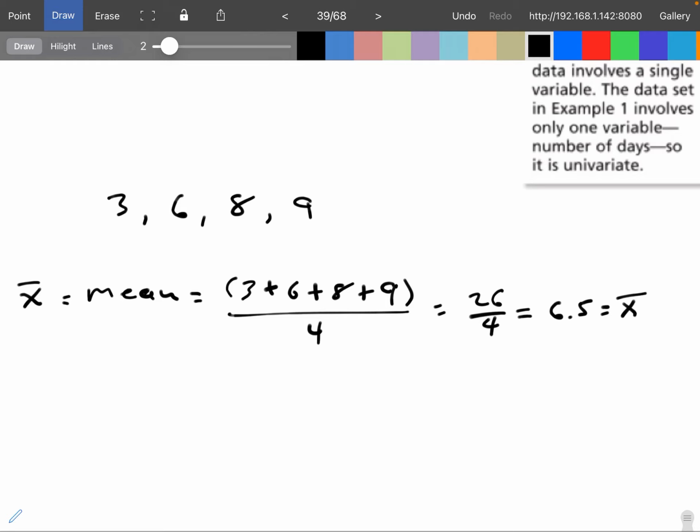All right, and then the median would be the one in the middle. Well, there's an even number of data values here, so there really isn't a data value in the middle. So what you have to do is average these two. When the data set contains an even number of values, then find the average of the two in the middle.